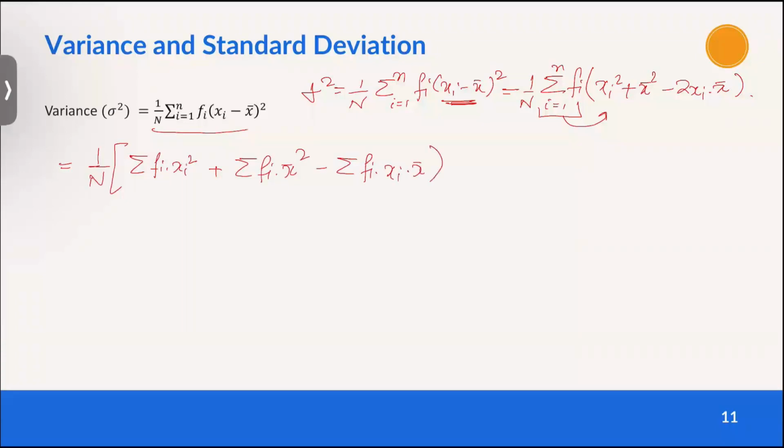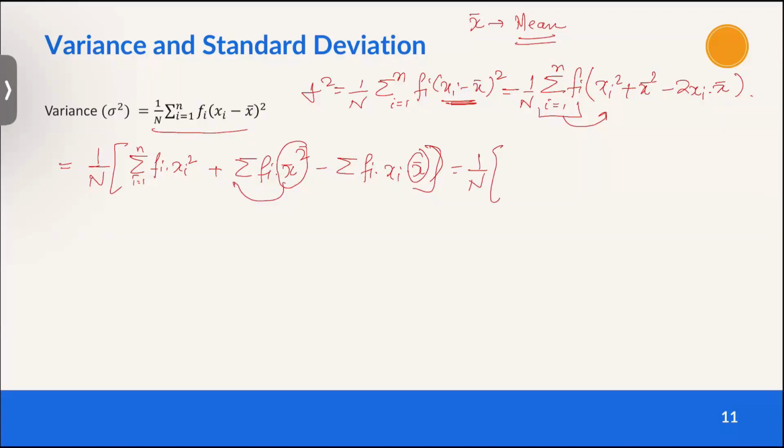So for simplicity, I'm not writing i equals 1 to n, but it is there. Okay. Assume it is there. I'm not writing it in every sum. Now you see this term is a constant, x bar squared and x bar. What is x bar? X bar is the mean and mean of the data doesn't change. So mean is constant. So we'll take it out of the sum. Okay. Why we are taking it out of the sum and how can we take it out of the sum?